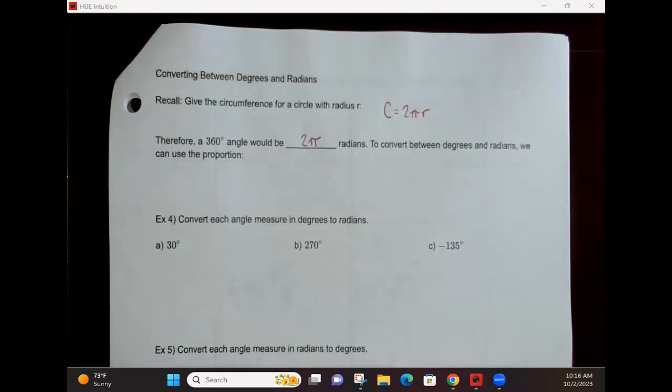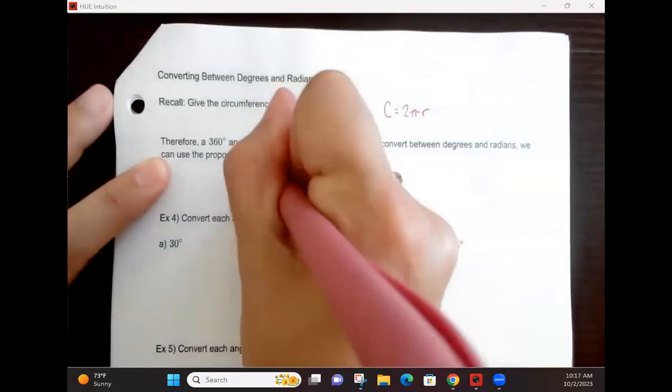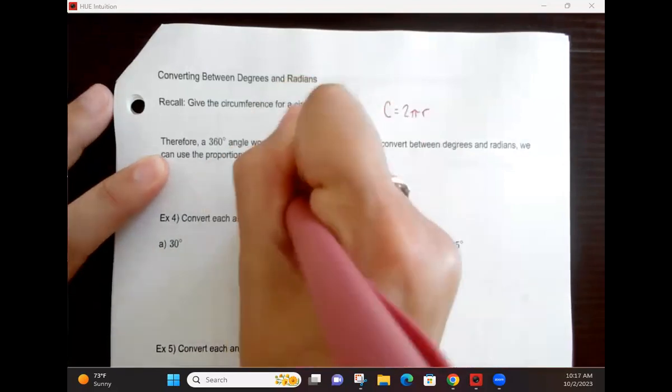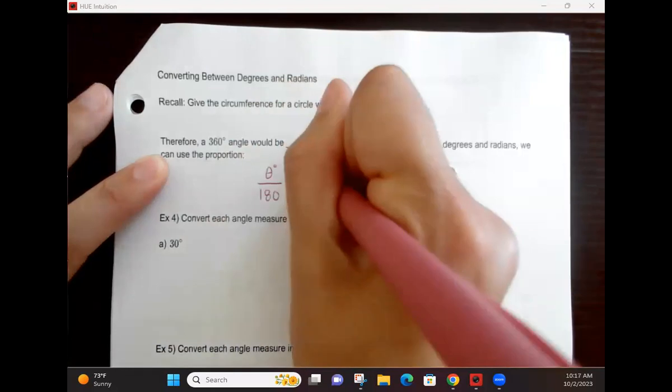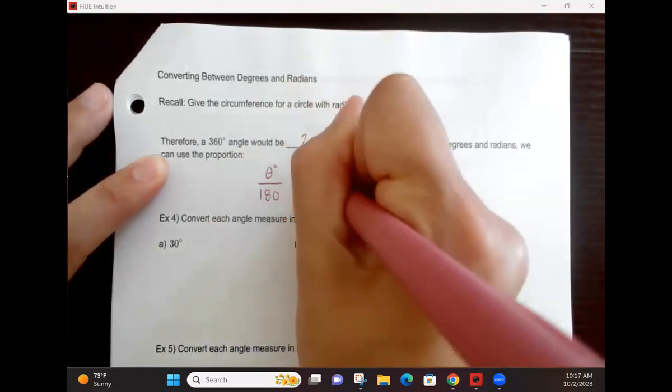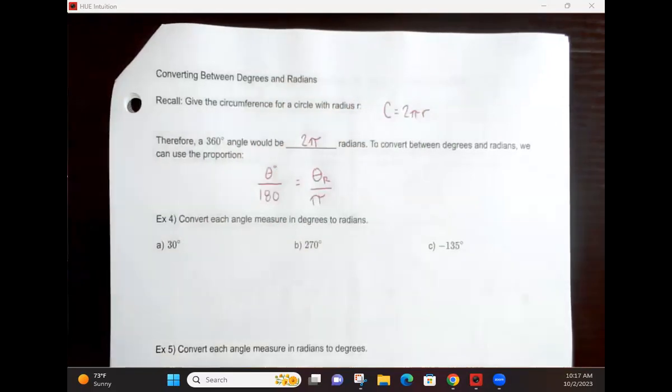To convert between degrees and radians, different people prefer different strategies. I like to think of it as a proportion. So whatever your theta is in degrees out of 180, we could think about that as our theta in radians out of pi.